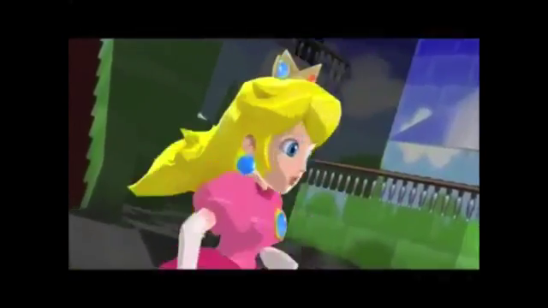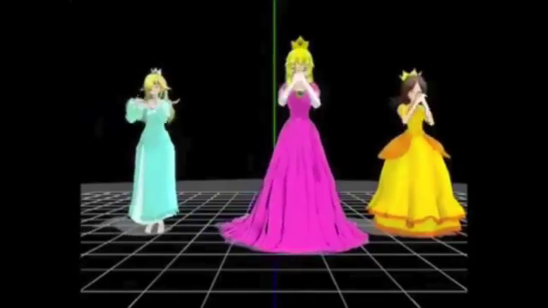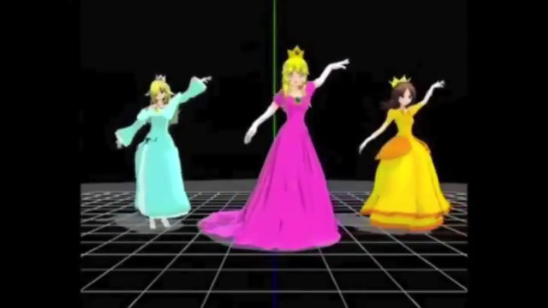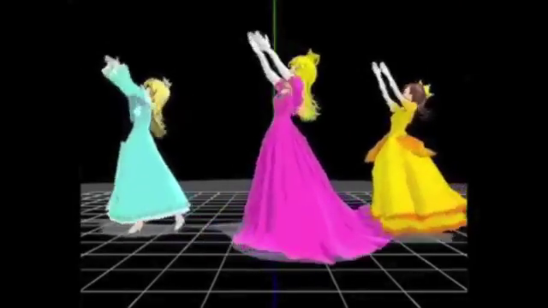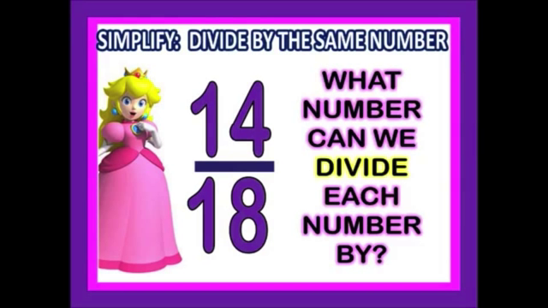Class, let's learn to break a fraction down to its simplest form. Come on, you can do it. Break it down to its simplest form. Break it down, take it down, break it down, take it down, break it down. Yeah. Break a fraction down to its simplest form.